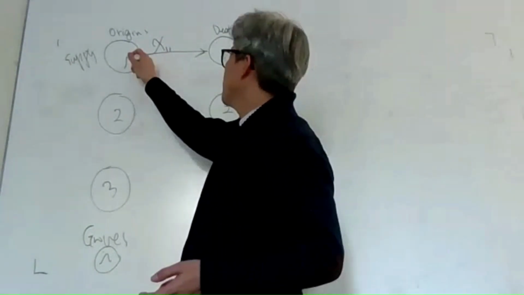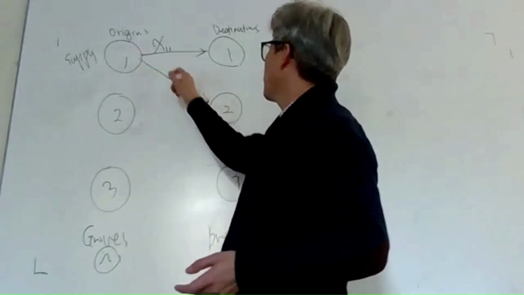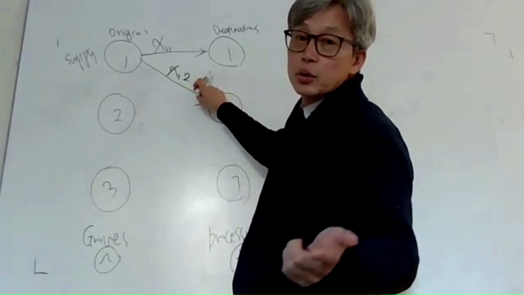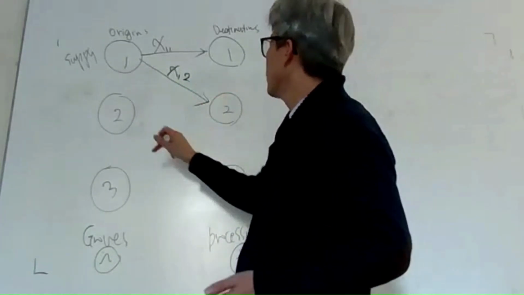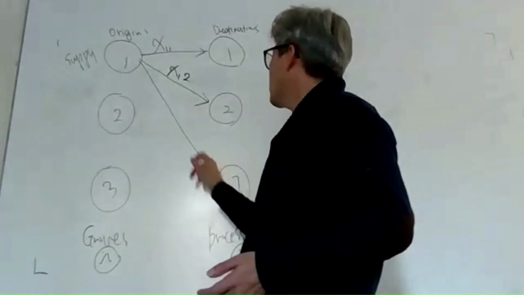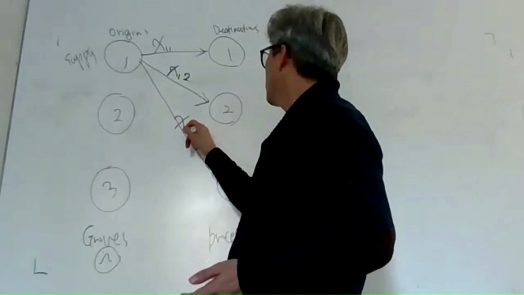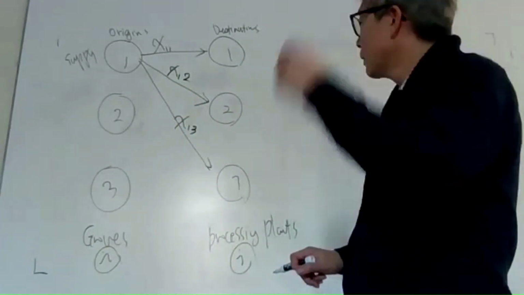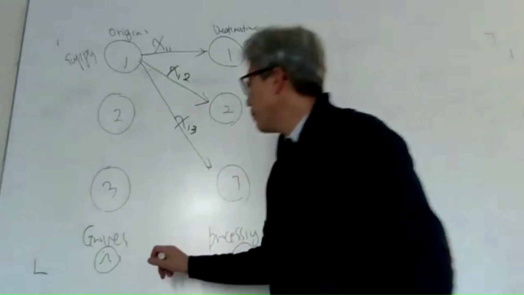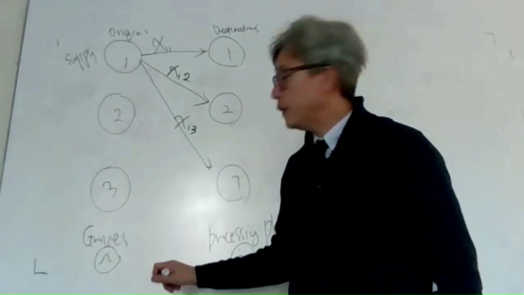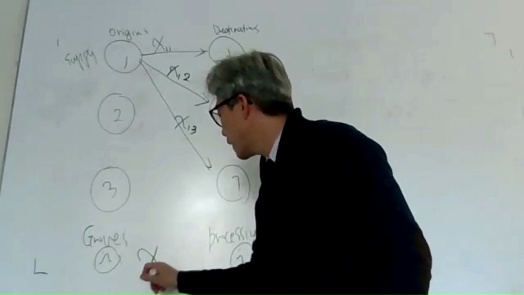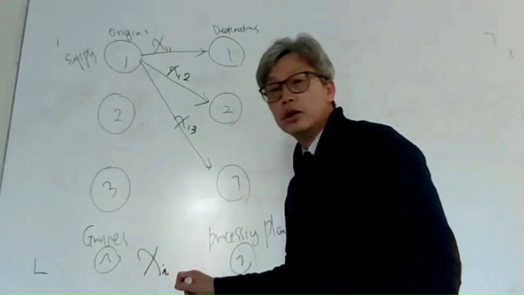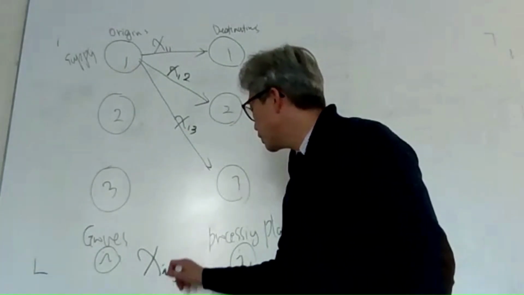So how many bushels from grove 1 to processing plant 2, x12? How many bushels from 1 to 3? That means our decision variables are the number of bushels from grove I to processing plant J.